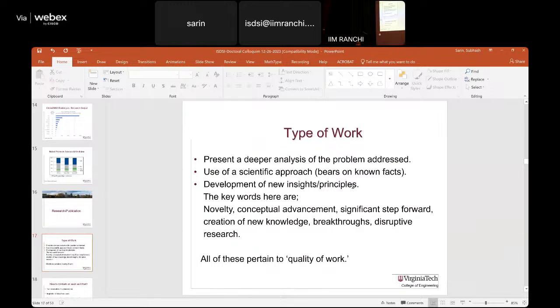The main thing that I've observed over the years is to present a deeper analysis of the problem in the task. It doesn't matter what problem that is. Just presenting experimental results or some basic results quickly, that's not the idea.